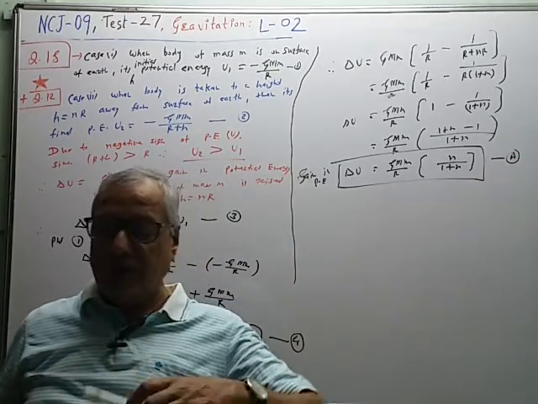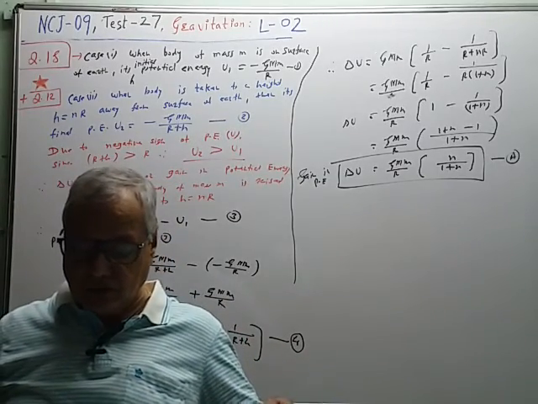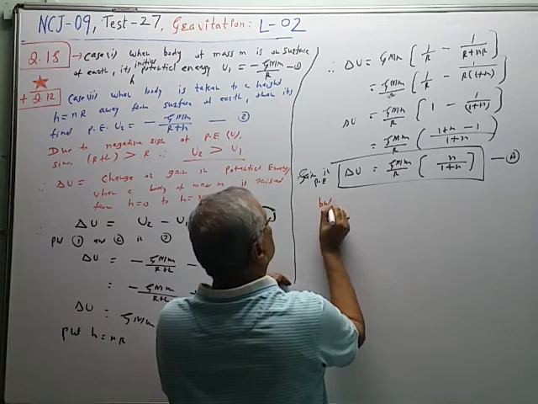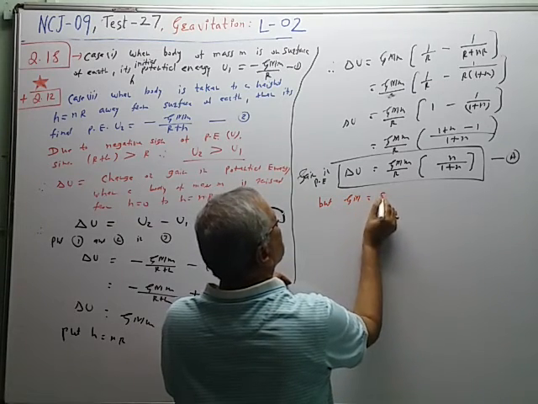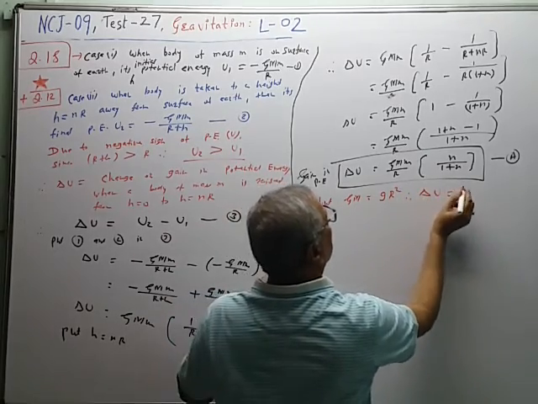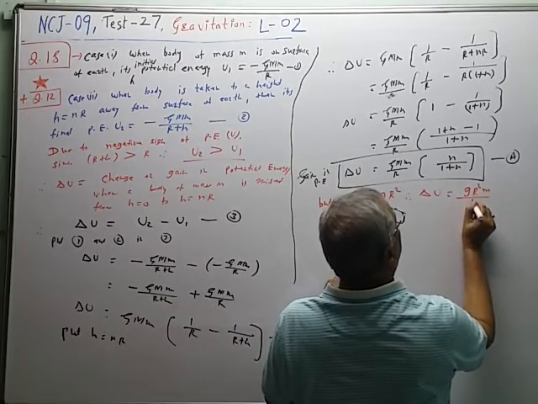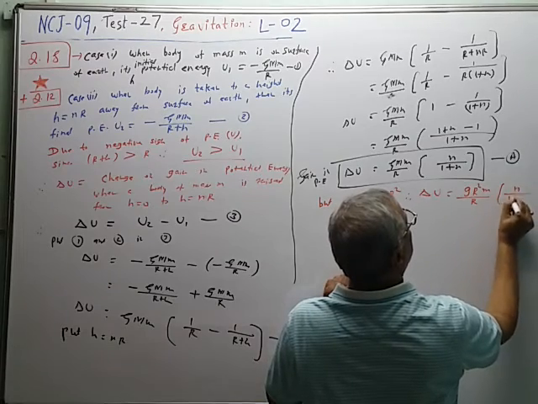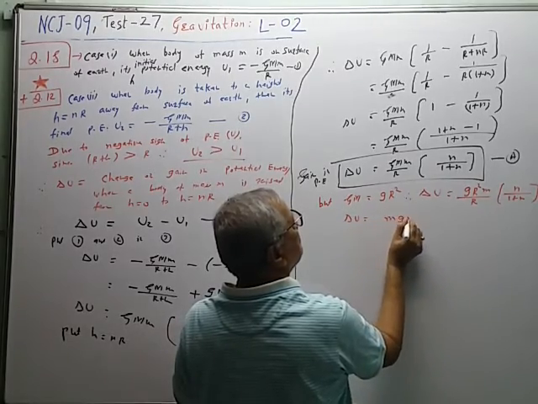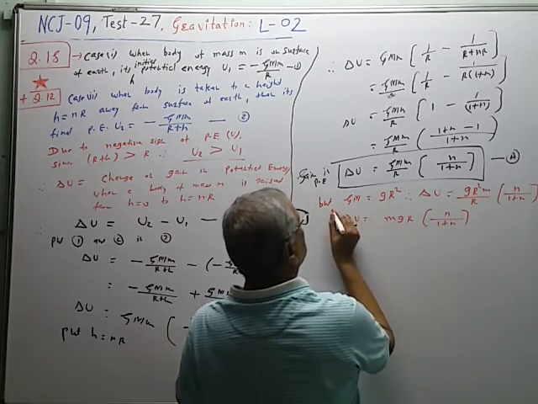But we have to find the answer in terms of small m and small g. But GM is equal to gR square. Therefore, delta U is equal to gR square into m upon R into bracket n upon 1 plus n, and therefore delta U is equal to mgR n upon 1 plus n.